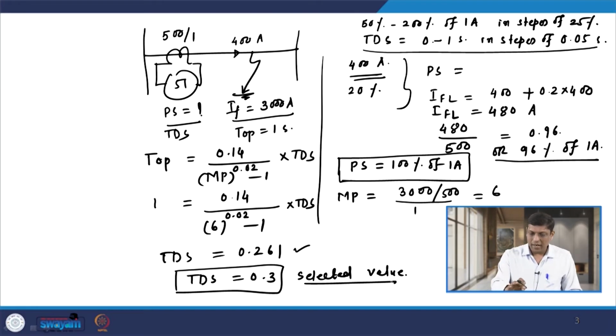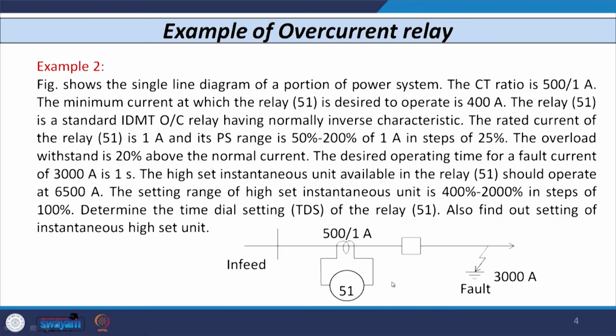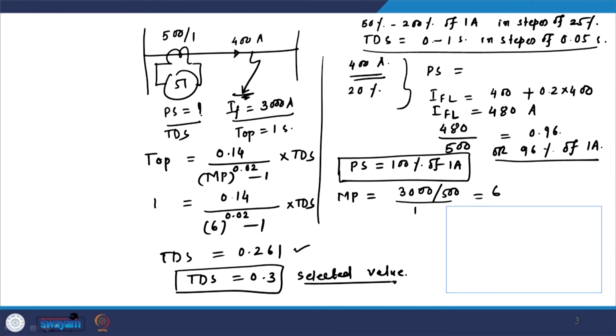Now, in the second part, they have mentioned the setting range of the instantaneous high set unit, and the high set instantaneous unit should operate at 6500 ampere. So, with this current of 6500 ampere, we have to find out the setting of the instantaneous high set unit.